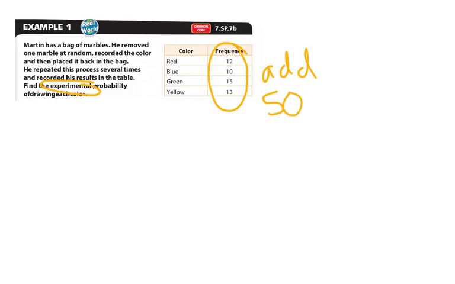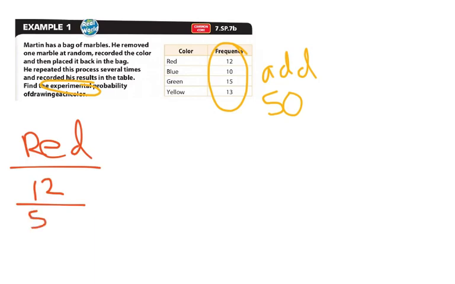And hey, how convenient. I have each of these colors right here. So if we're talking about the probability of red, we will take 12. That's the number of times we got the event we wanted over how many events there were total, 50. We can reduce that fraction to 6 over 25.